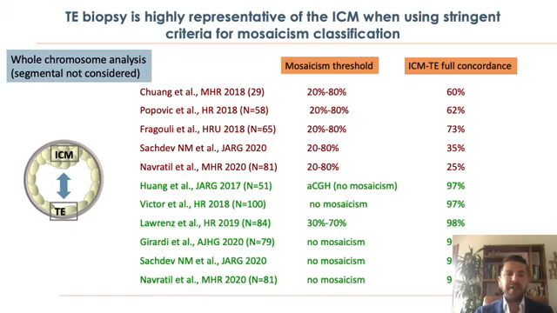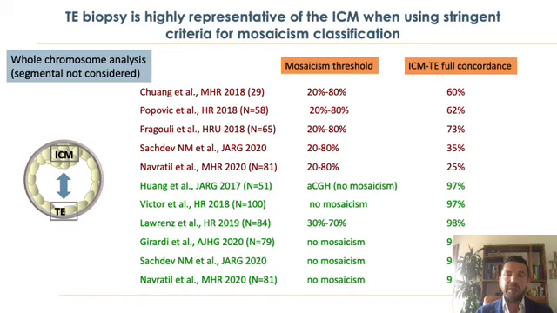Indeed, when low stringency criteria are used for mosaicism classification, like the 20-80% thresholds, we have observed in several independent studies poor performance in predicting the ICM chromosomal constitution, while the use of more stringent criteria, or no mosaicism classification at all, has consistently resulted in high accuracy of prediction of the ICM chromosomal constitution in a very reproducible way.